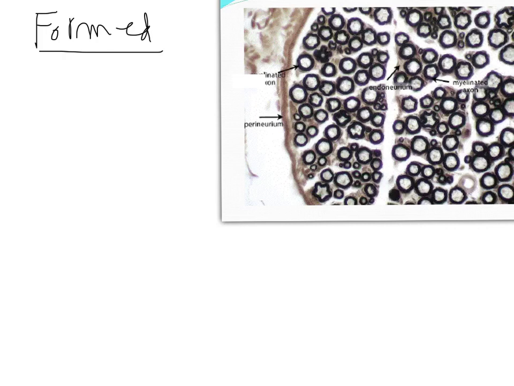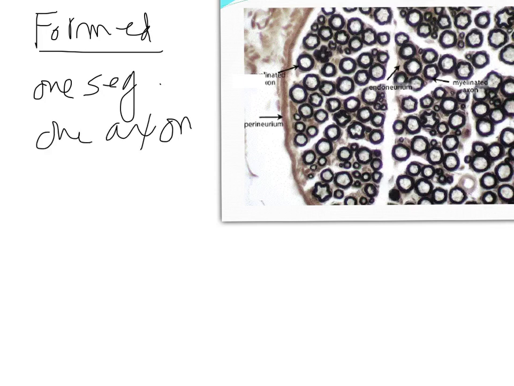The Schwann cell, when forming the myelin, makes several rounded wraps around one segment in one axon. Very important, because the oligodendroglia acts differently. It makes wraps around one segment of many axons, but here it forms several turns around one segment only of one axon.